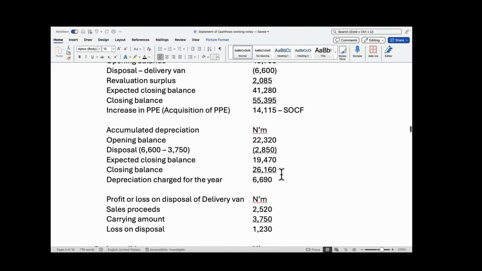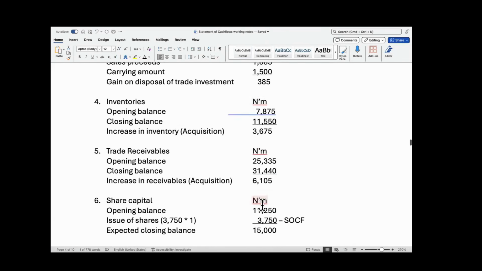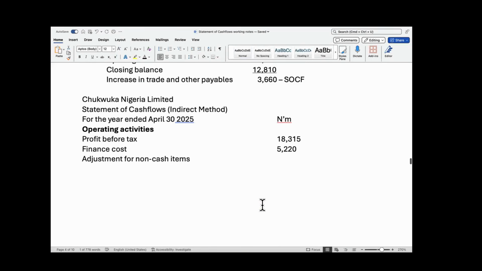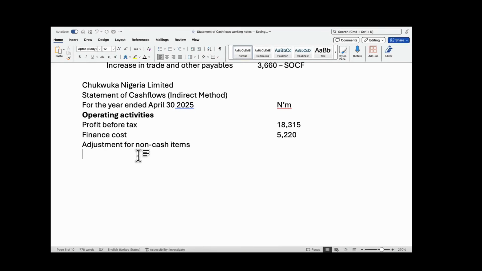Number one would be depreciation, the charge for the year that will have been deducted. So we need to add it back. Depreciation charged on PP&E, 6690.